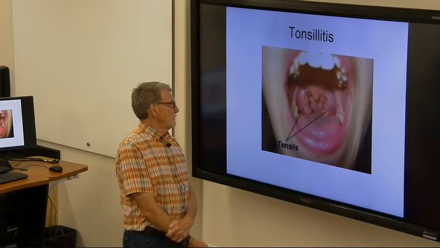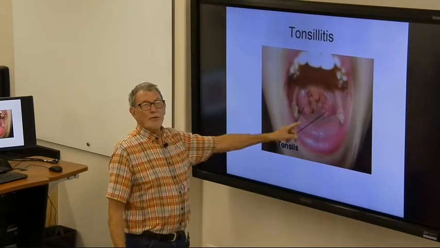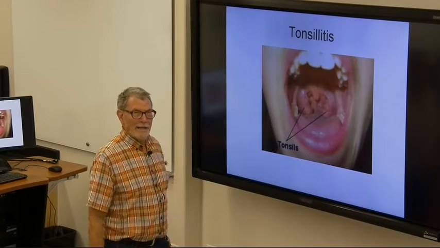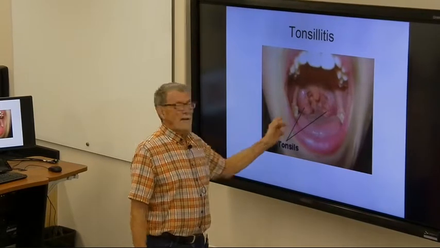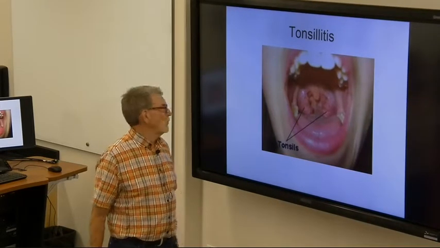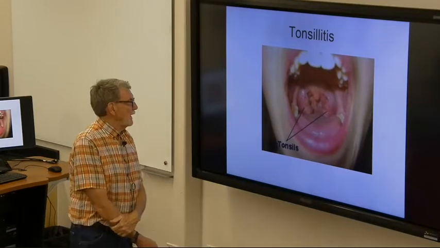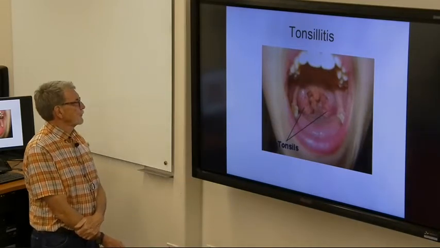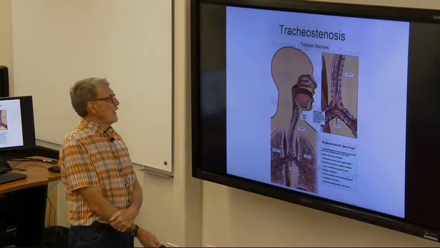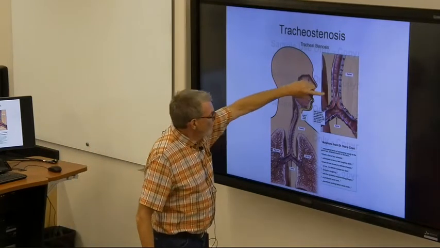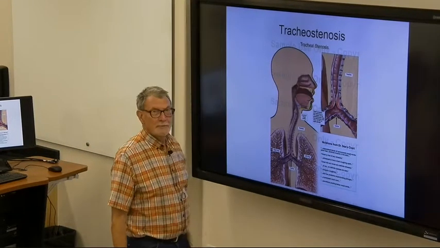Tonsillitis. Boy, mine looked even worse than that before I finally had mine out. The doctor tried antibiotics, but it kept coming back. They had white pock marks all over them. It was pretty bad. Tracheostenosis, narrowing of the trachea.